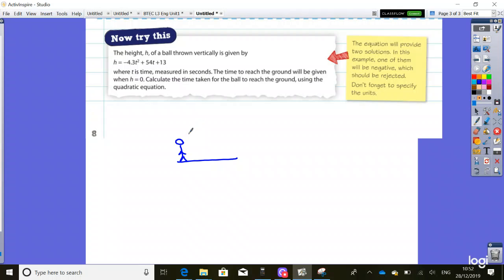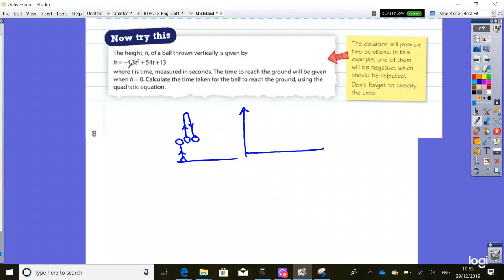In other words, the ball's here, it's going to go up and then down.